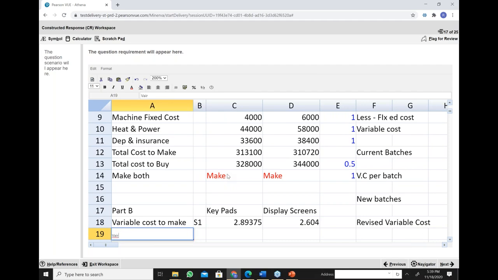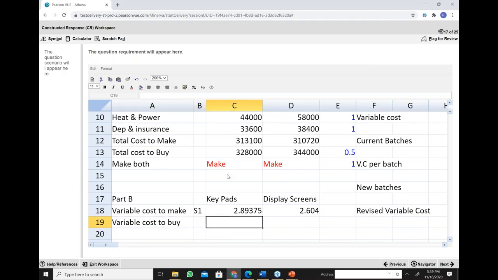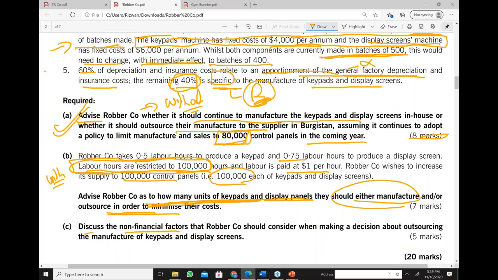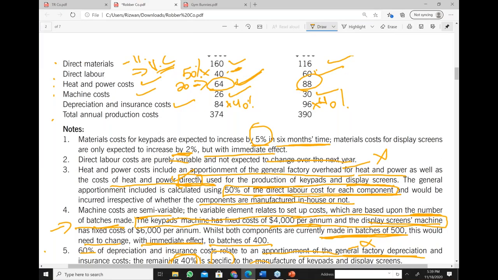Now variable cost to buy per unit is given to us. It's 4.1 and 4.3. Easy, right? Let's cross check it.